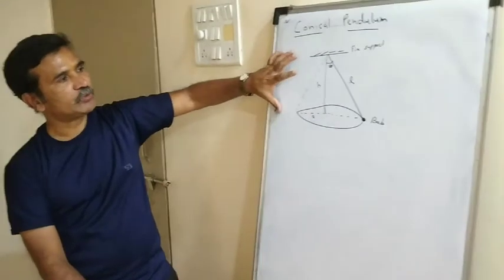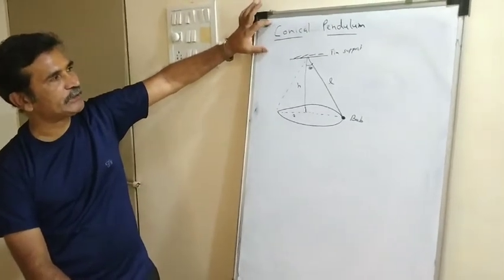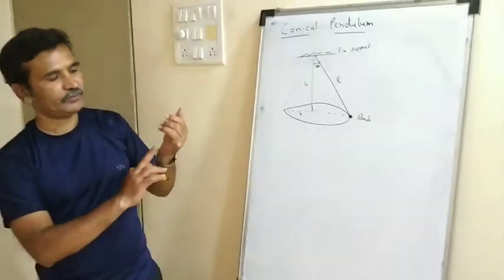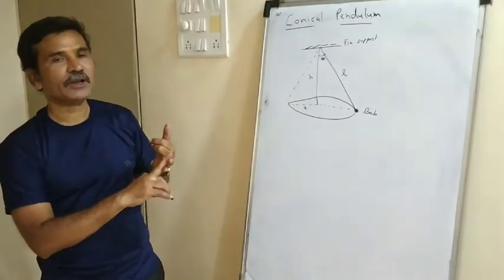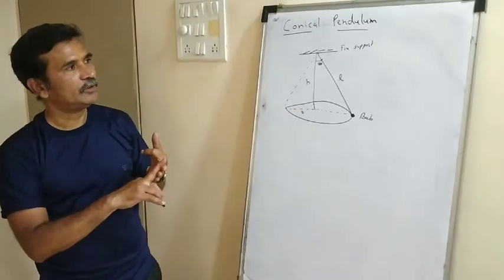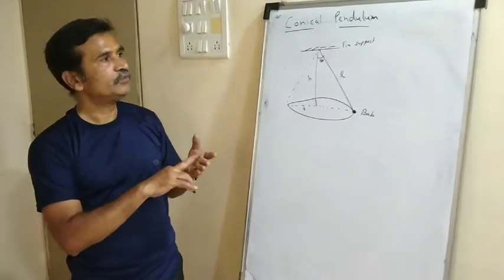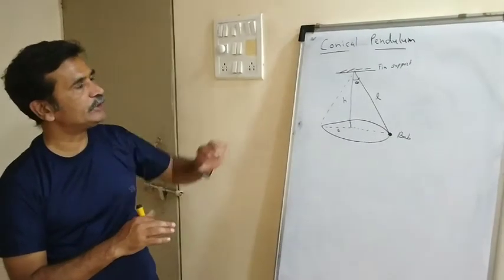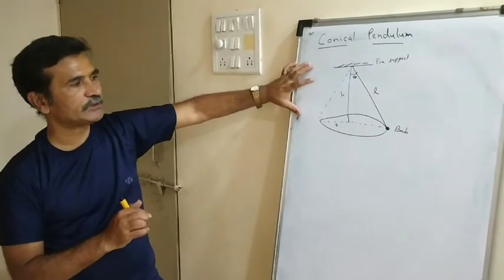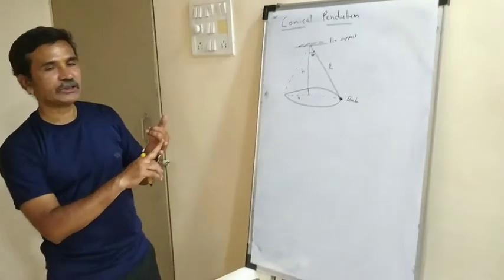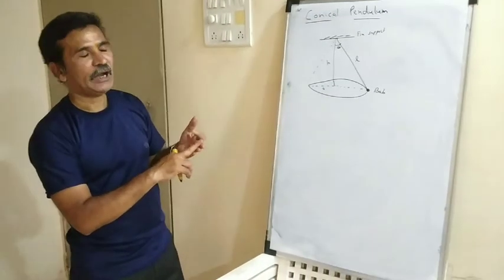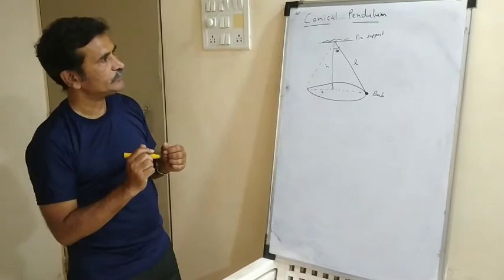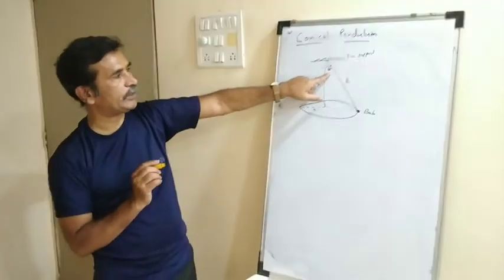So, an exam question can be asked: obtain expression for period, or velocity, or angular velocity of the conical pendulum. So a number of questions can be asked on this typical article for 3 marks: period, velocity, angular velocity, and theta, where theta indicates angle of banking.